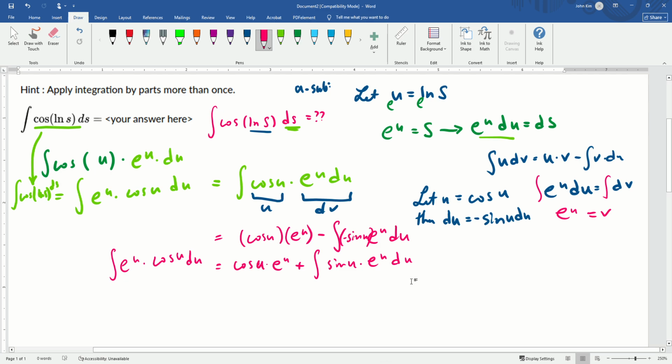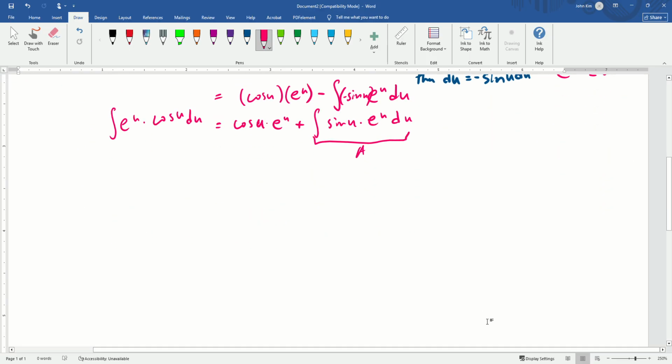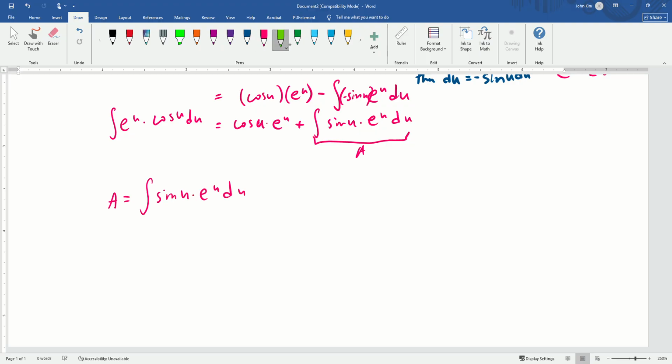Okay, so let's integrate by parts again. Let's call this A right here. A equals integral of sine of u times e to the u du. We're going to integrate by parts again. Let's call this u right there, and this dv right there.